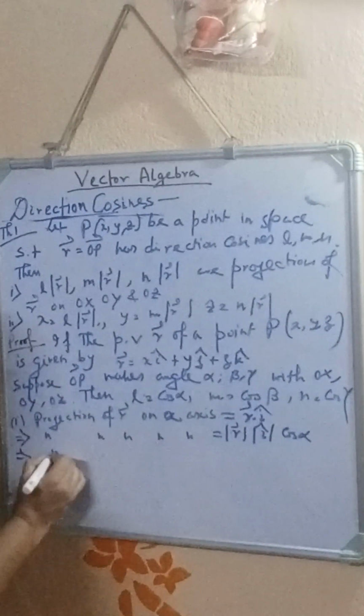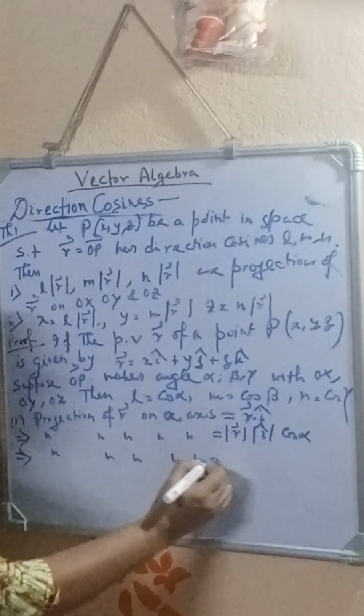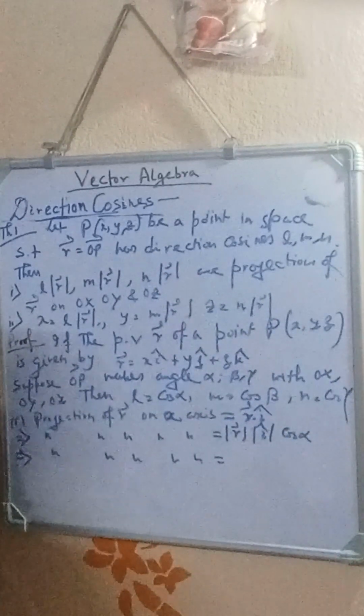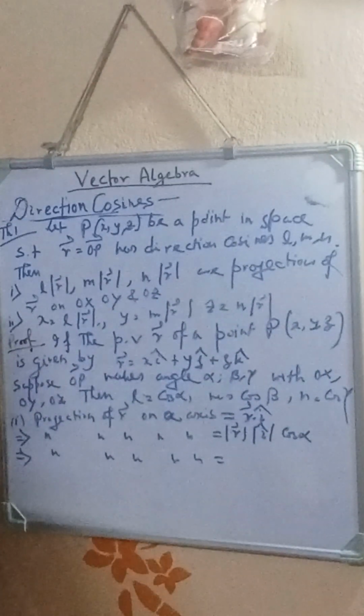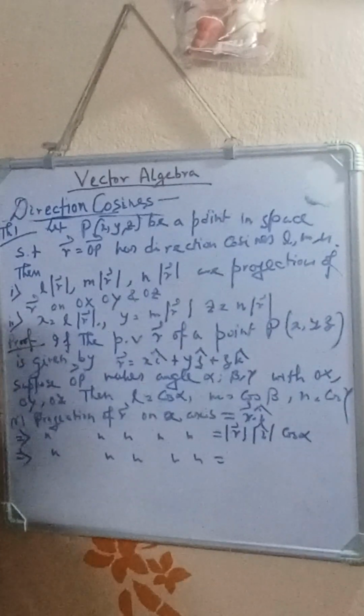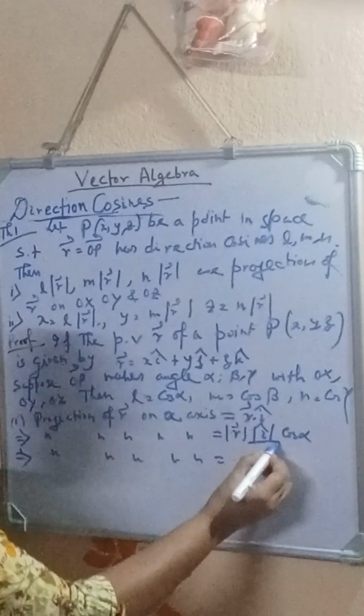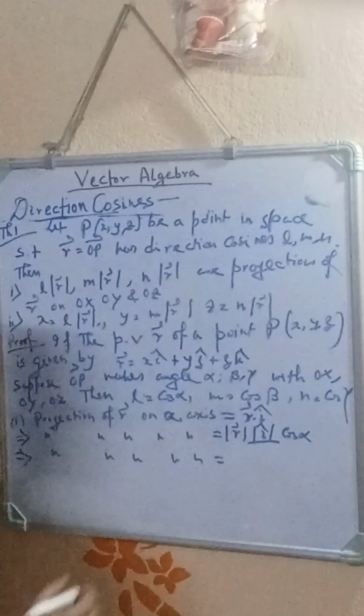We know that l equal to cos alpha and the modulus of a unit vector is always 1.